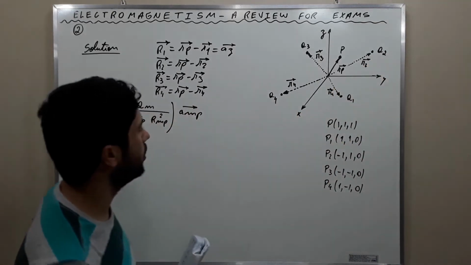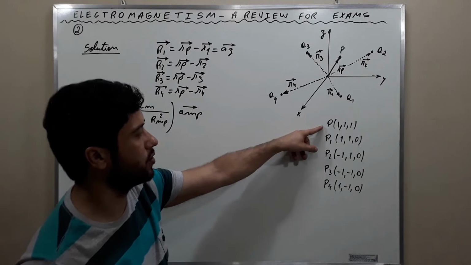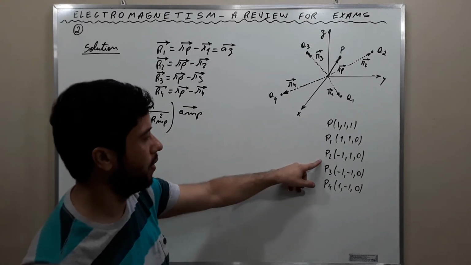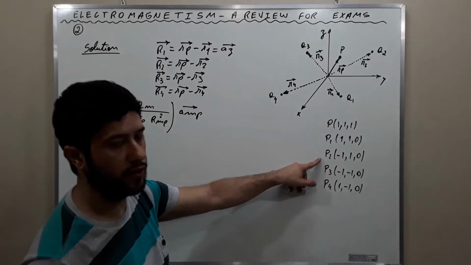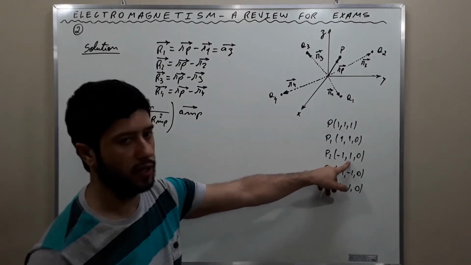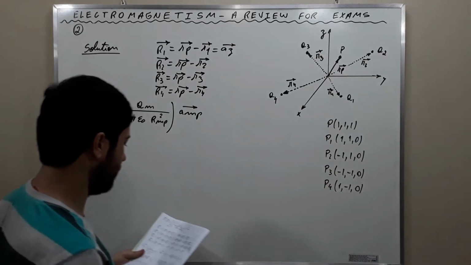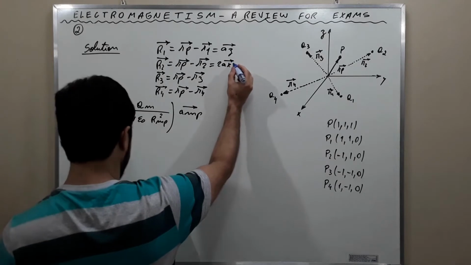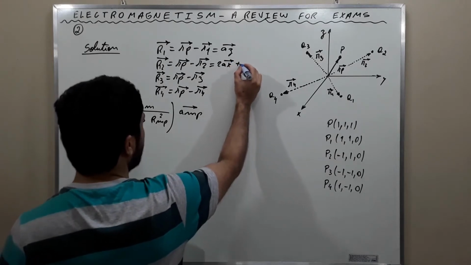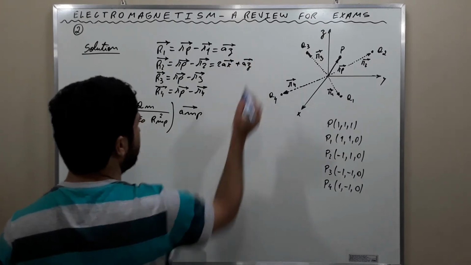The same is going to be done for charge 2. R2 is AX plus AZ plus AY plus AZ minus AX plus AY, and this is 2AX plus AZ.